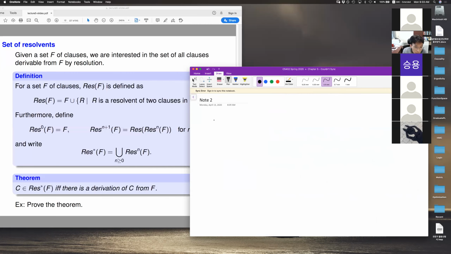And for the other side, suppose we have a derivation of C from F in the resolution proof system.